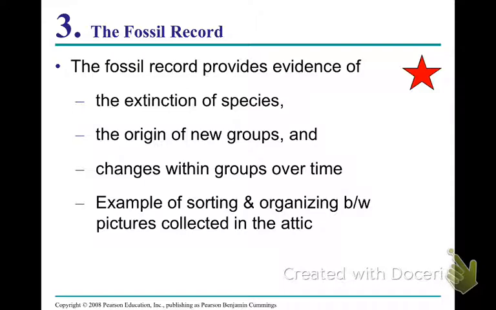So, I like to give my class an example. I have this old shoebox in my attic and it has a lot of pictures, but none of them are dated. So what I would do is keep them all out and try to sort them: oh, this was done in this year because this one was there and this one was not there. I sort them into different times or years depending on what I see and what I remember from my memory.